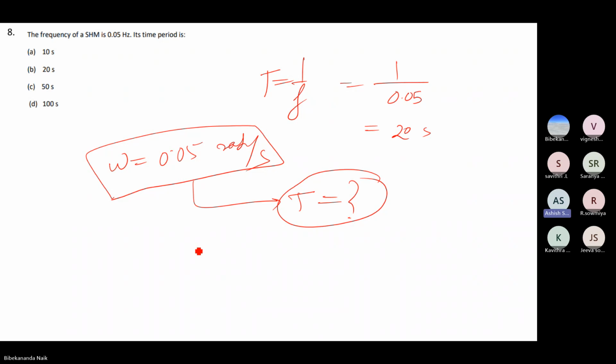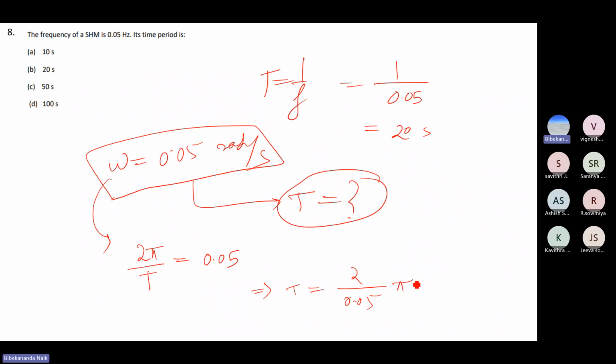So 40 pi. Yes, because omega in terms of time period we can write 2 pi by T. So 2 pi by T is 0.05. So T will be 2 by 0.05 pi.